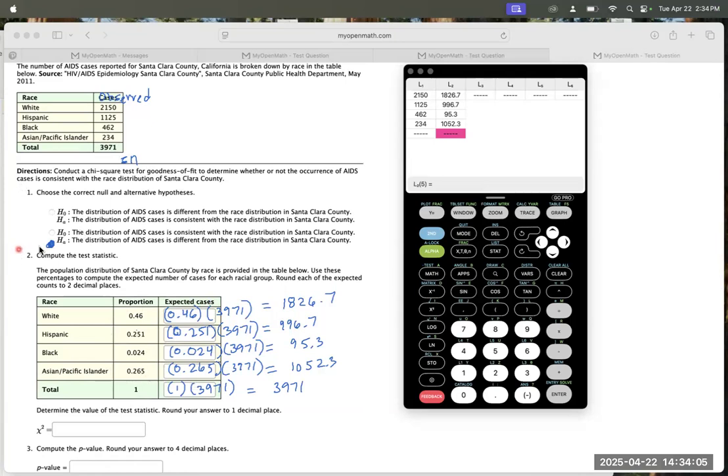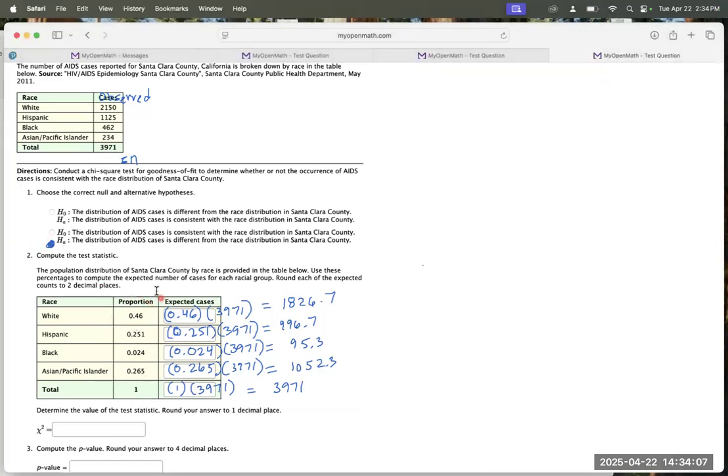This table here is giving us the distribution in question. They believe that 46%, written as a decimal 0.46, is white, and 25.1% is Hispanic, and so on. This is the believed distribution that we're trying to test.